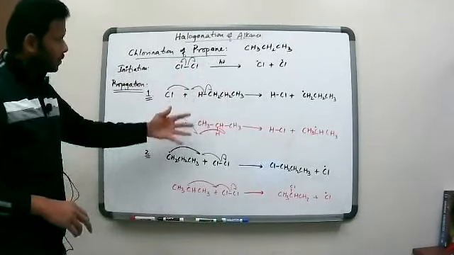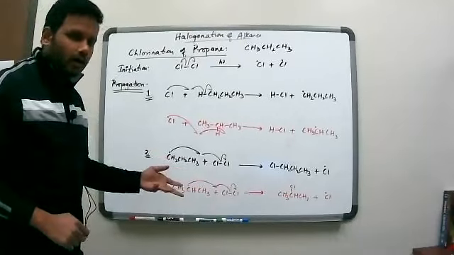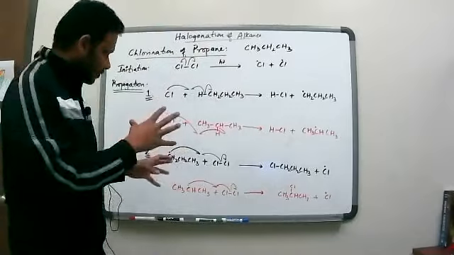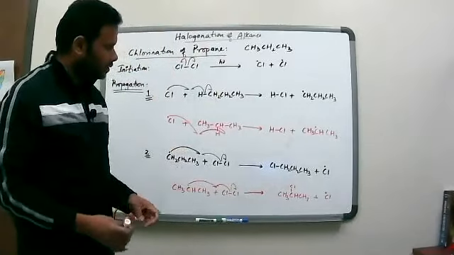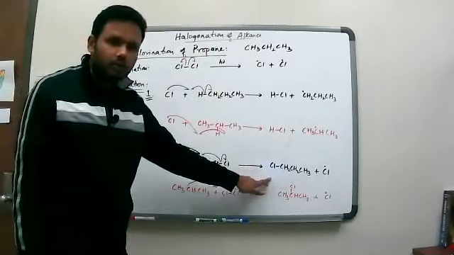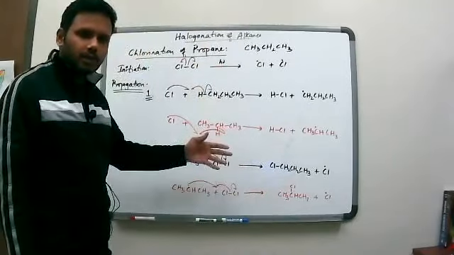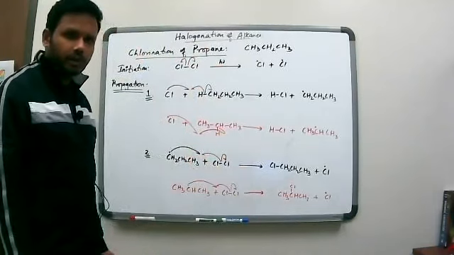So this should be the mechanism of how our products are formed, from the scheme that we saw on the previous page: how we make 1-chloropropane and how we make 2-chloropropane based on this free radical halogenation mechanism.